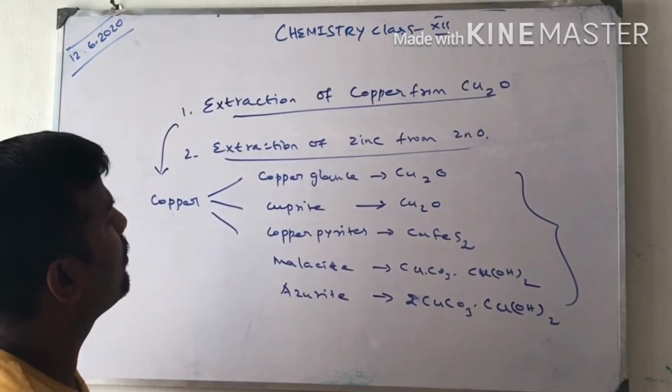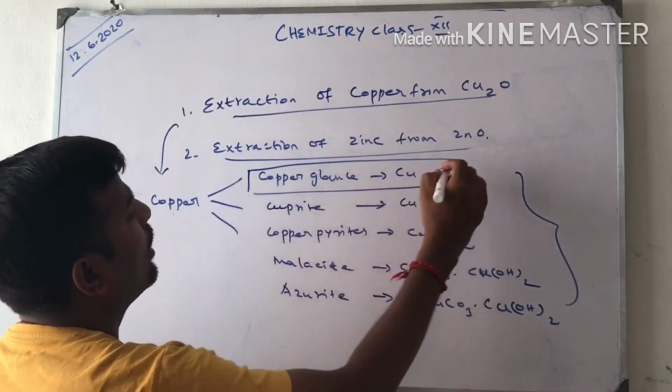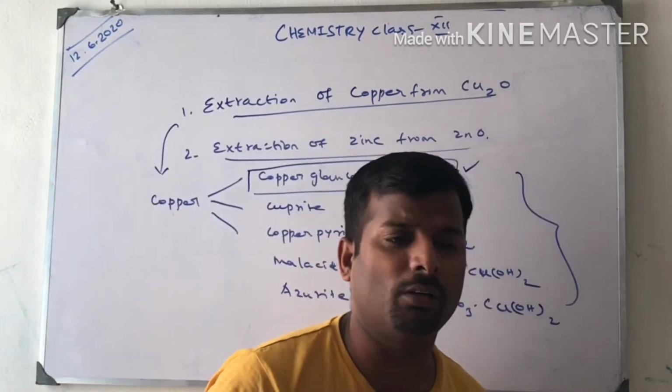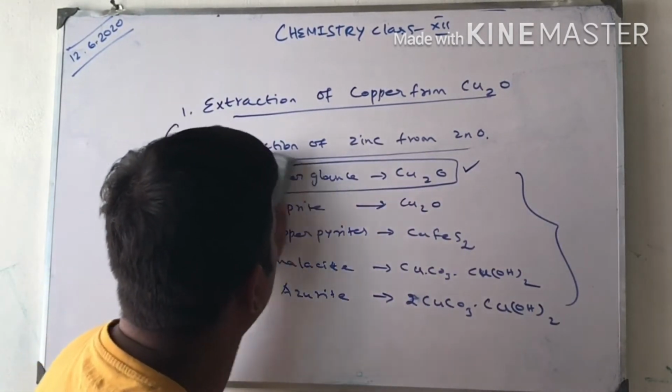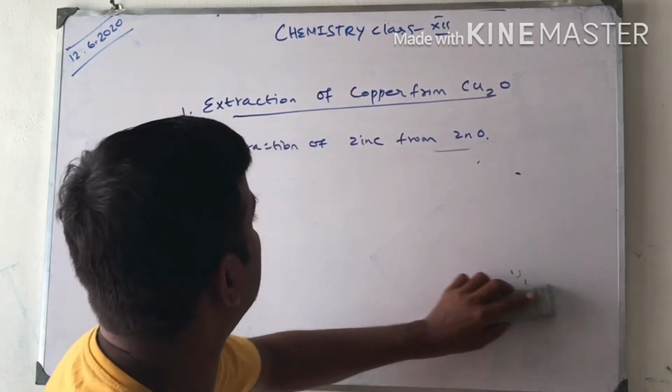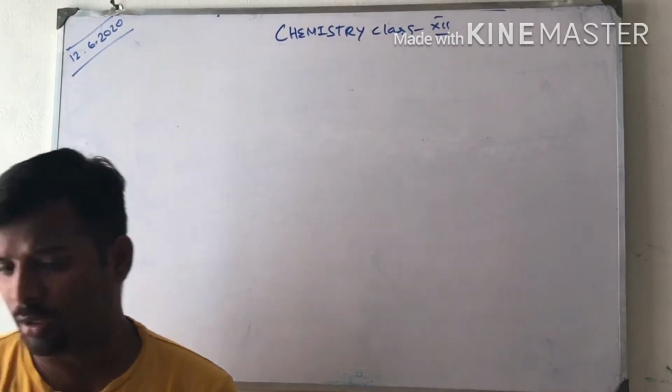From the ore, we remove the impurities and finally get crude copper metal. Now I am going to tell you about the reactions.